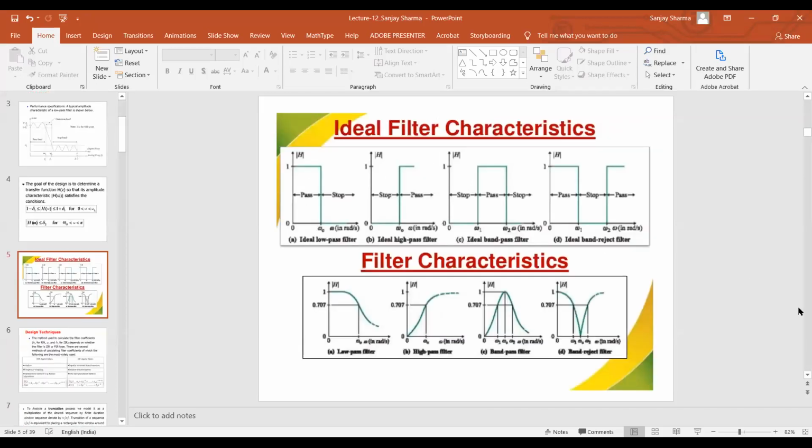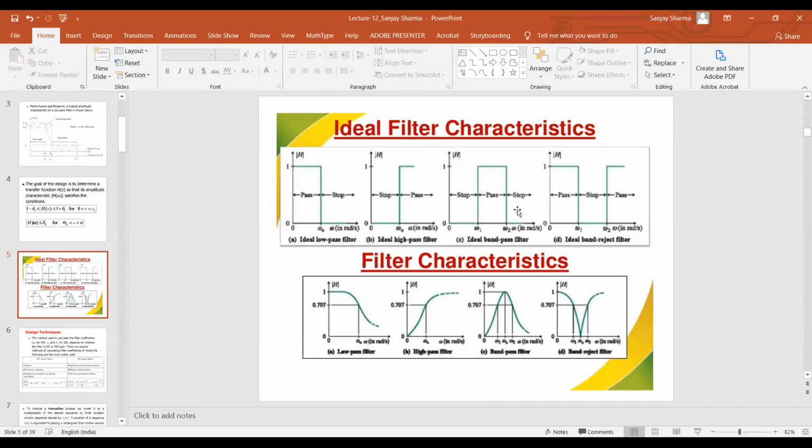Now let us see. This slide actually tells you the ideal characteristics of a low pass filter. So this is a low pass filter. That means low frequencies will be allowed to pass through the filter and higher frequencies will be stopped. The second graph is the example of a high pass filter. The third example is for a band pass filter, in which a certain band will be allowed to pass through it.